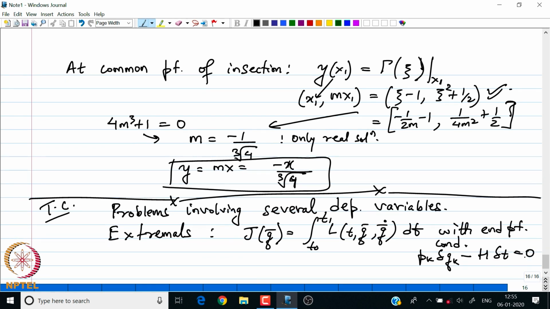Now, to impose the transversality condition, we also have to impose the curve on which one or both of these endpoints lie.